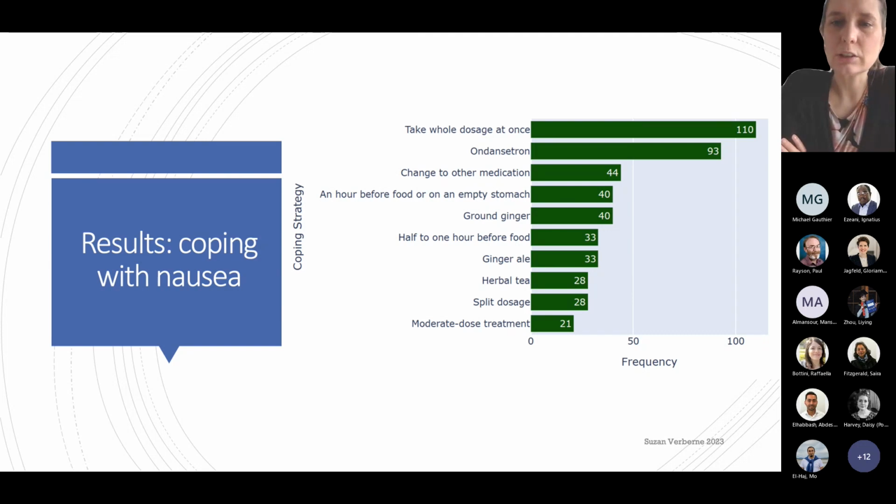So one of the things we already checked was ginger, which was both ginger ale, ginger tea, ground ginger, was mentioned quite a lot. And we checked it actually with an oncologist we were collaborating with, and he said, well, yeah, actually patients have mentioned that, and it's completely harmless. So yeah, that's actually a good idea that we could say that we don't know if it works, but patients have experienced some positive results from using ginger.